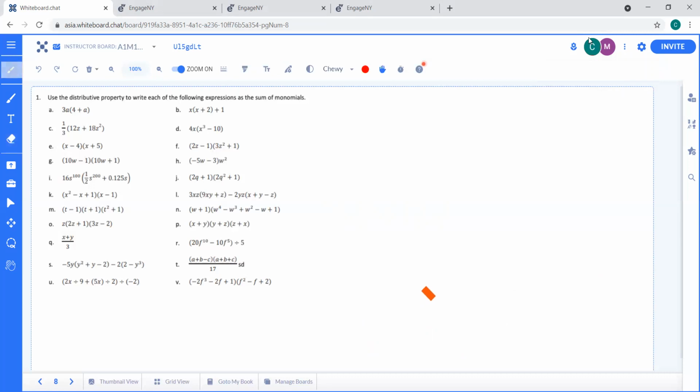All right. Now then, D is 4x cubed minus 10. When I distribute that, that's going to be 4x, and I got 4 x's now. x times x to the third, we add them, and we get x to the fourth. 4x times a negative 10 is a negative 40x.